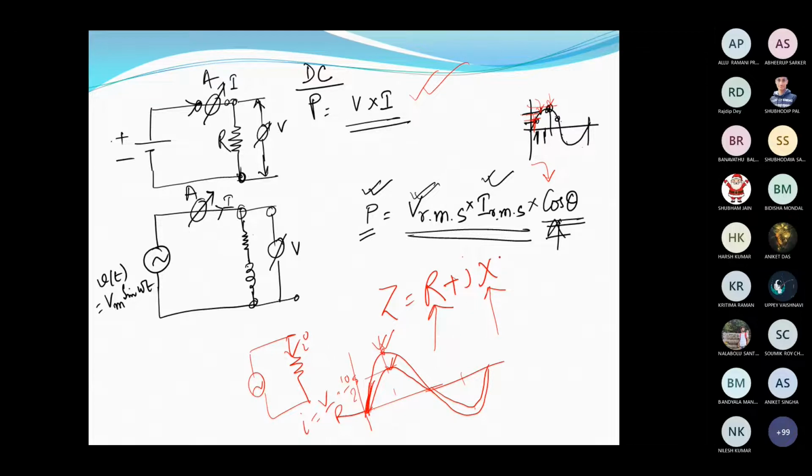But if there is some reactive element, either an inductor or a capacitor, what happens? They can't go together, because of the magnetic property or capacitive property, either voltage or current either lags or leads. What is the meaning of that?